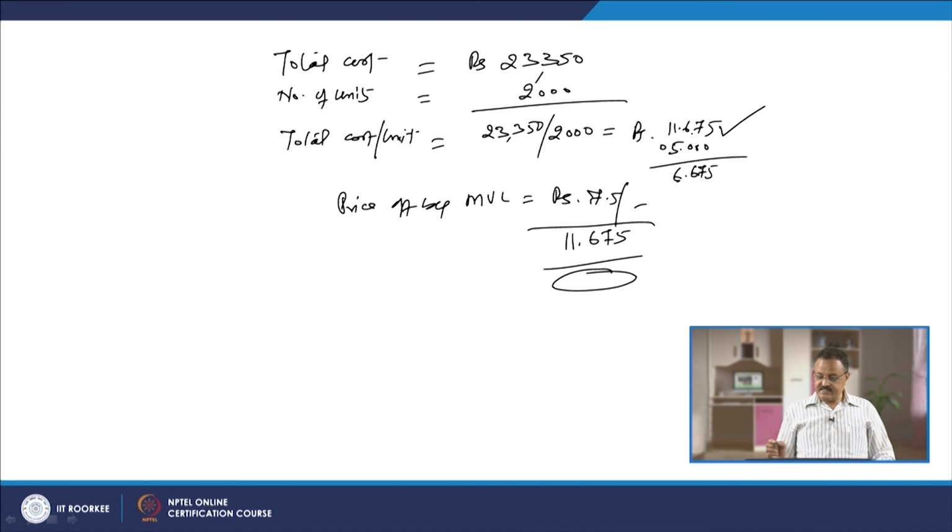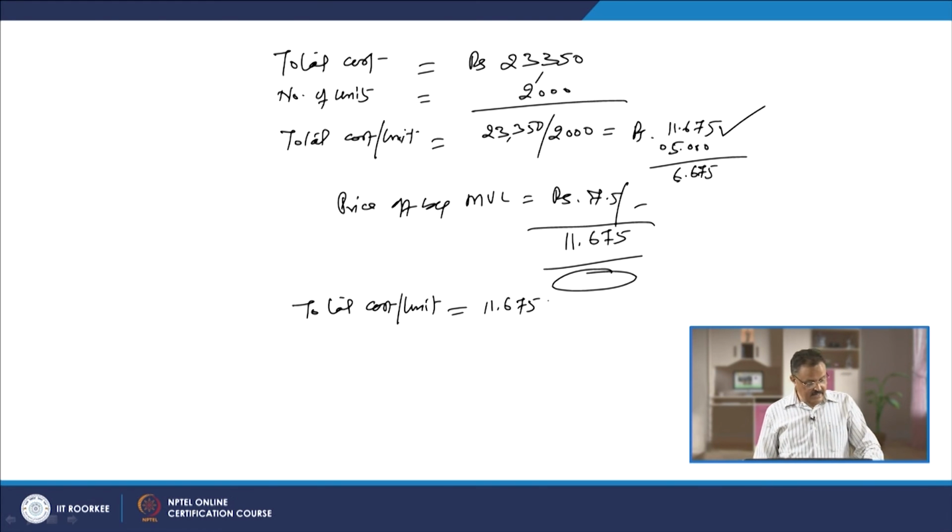Total cost per unit is 11.675, right? And the selling price offered by Maruti, that is the purchase price for Maruti, is 7.5, right? So, what is the total difference here?